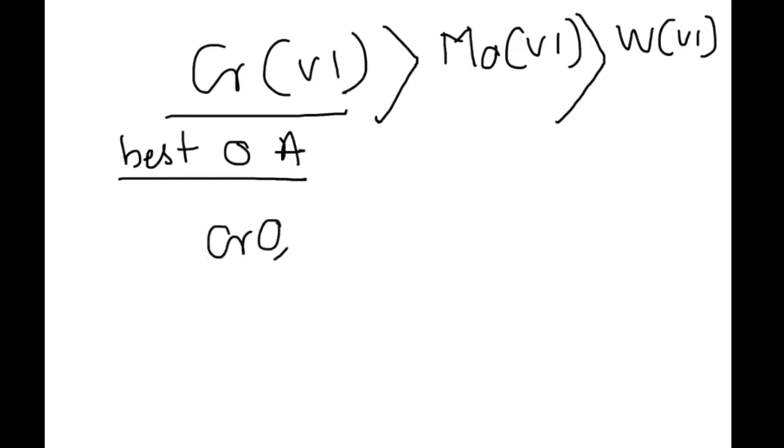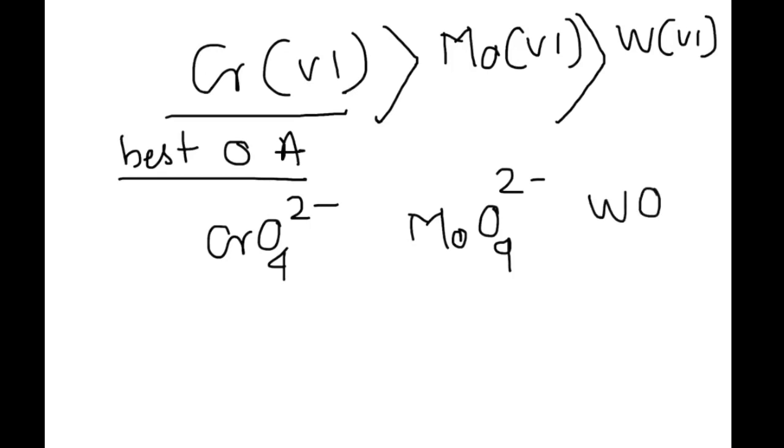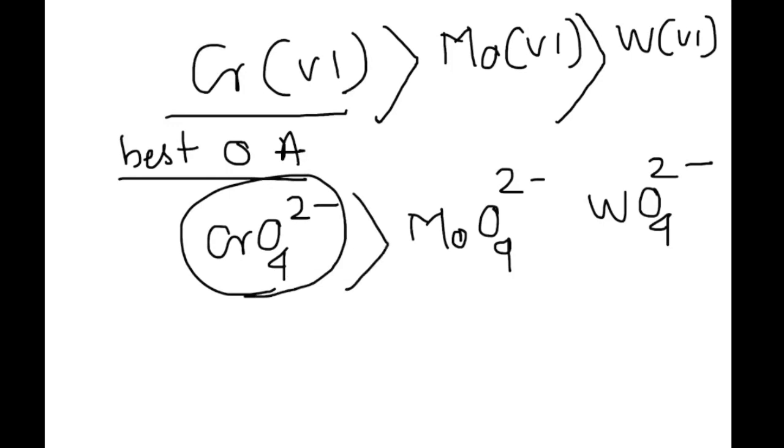So CrO4 2 minus, MoO4 2 minus, WO4 2 minus: CrO4 2 minus can act as a better oxidizing agent than MoO4 2 minus, than WO4 2 minus.